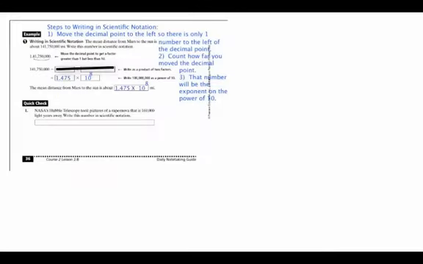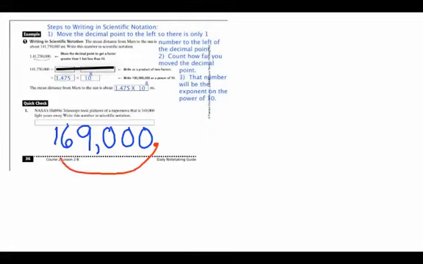NASA's Hubble telescope took pictures of a supernova that is 169,000 light years away. We have to write this in scientific notation. Step 1 says we need to take the decimal point, which is at the end, and move it so that there's only one digit in front of the decimal point.